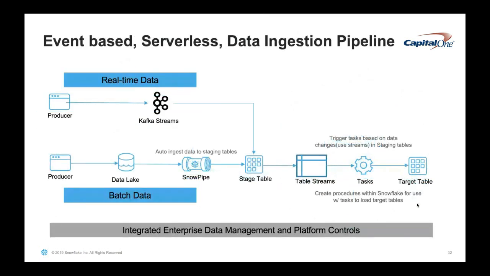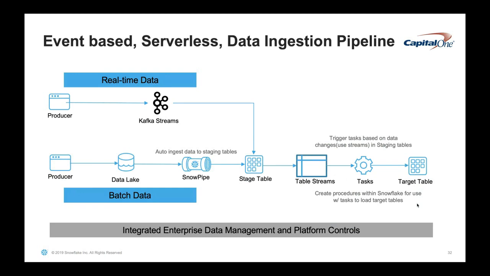The other use case is a common one, and that's what we originally intended with these new announcements, which is to bring in data that is generated in near real time into Snowflake, and also allow customers to load data through batch. So Capital One are Kafka customers, so they're using Kafka streams and the Kafka connector to load data into staging tables.